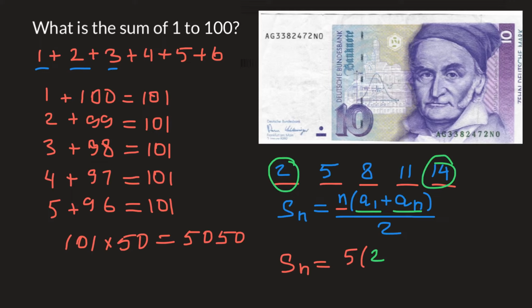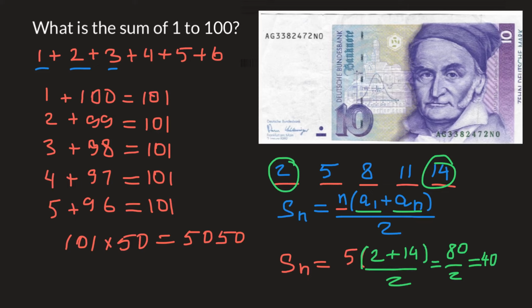For example, here it is 14, so 2 plus 14, divided by 2. So what are we going to get? We are going to get 5 multiplied by 16, which is going to be 80, divided by 2.